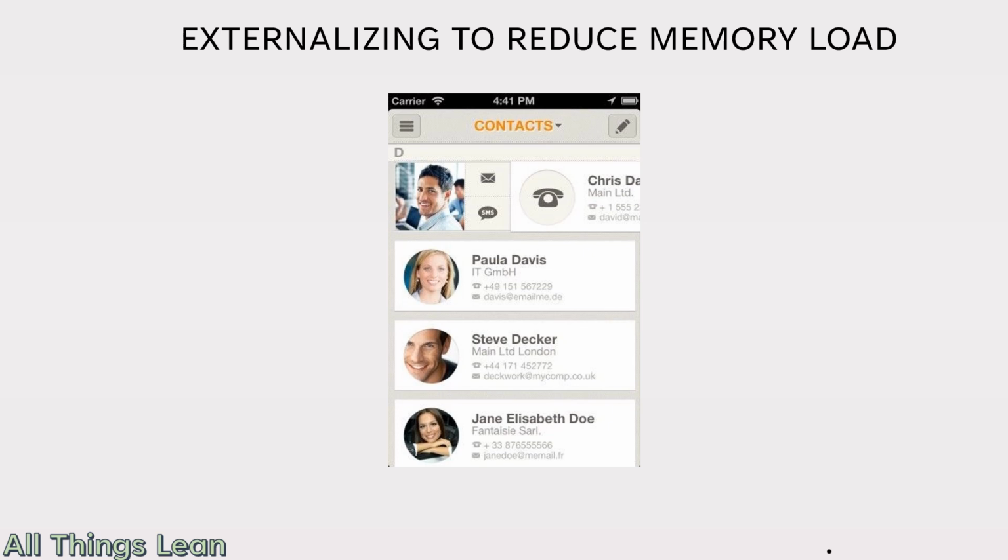The various bits of information are easier to handle when they are offloaded from your memory and externalized either in the form of paper, notes, or software. A mobile app for saving contact information helps the user offload their memory and instead focus on the task at hand like calling or texting a friend.